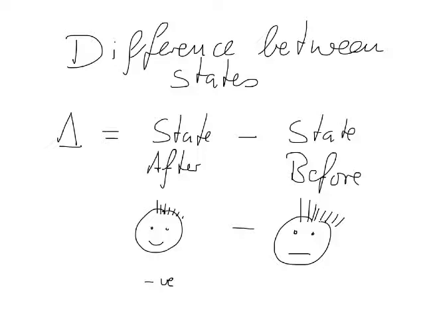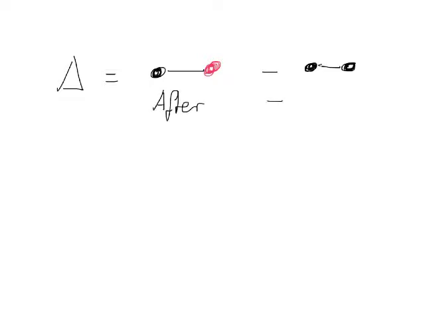I can also do that for the energy in a bond. So I can say the difference in the bonds would be the energy that I have after the reaction takes place minus the energy that I have before the reaction takes place. So after minus before.